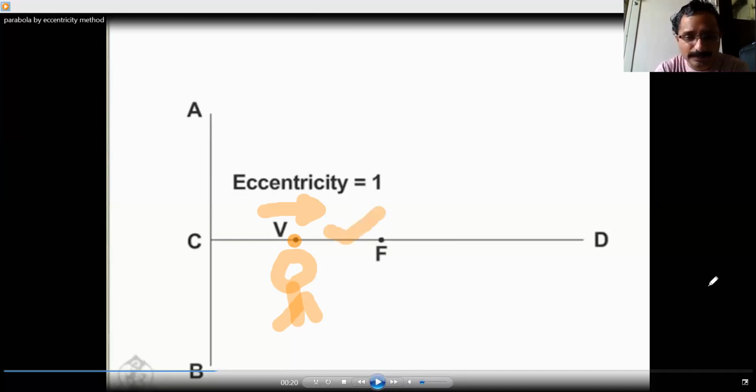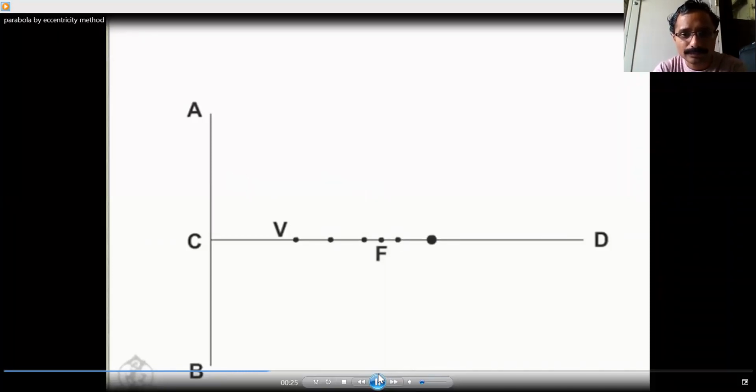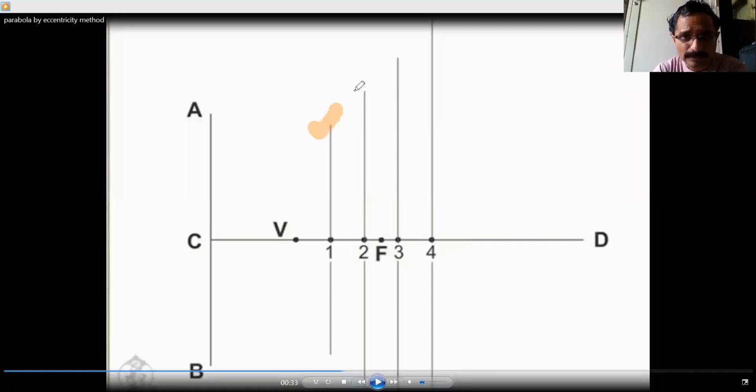Let us observe those points now in the animation part. I am calling these points 1, 2, 3, and 4. Now I am drawing some vertical lines through these selected points 1, 2, 3, and 4.